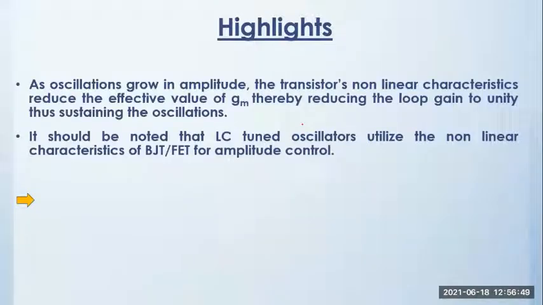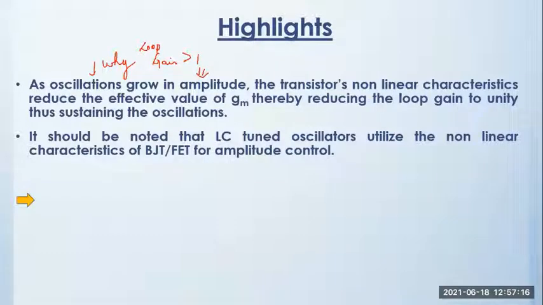Okay, so what are the highlights? As oscillations grow in amplitude, the transistor's nonlinear characteristics will reduce the effective value of GM, thereby reducing the loop gain to unity. I was telling you, this is the reason why loop gain should be chosen greater than 1.